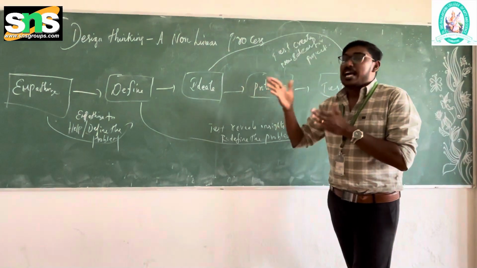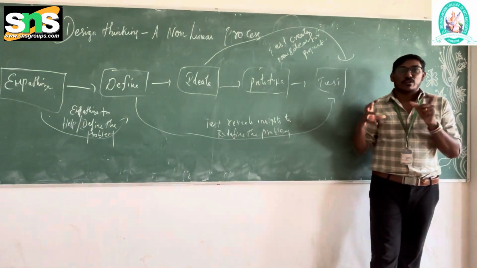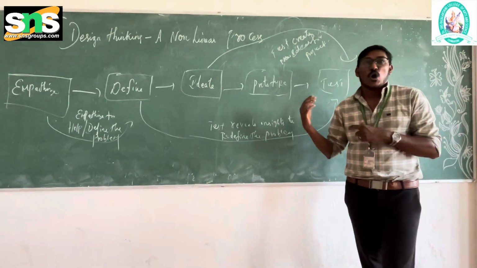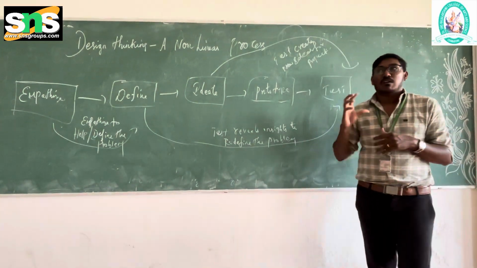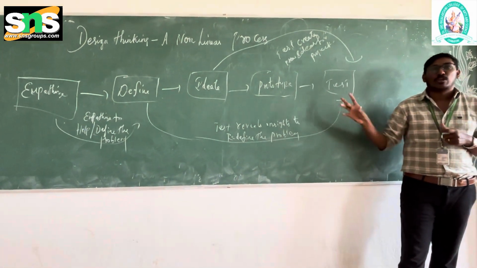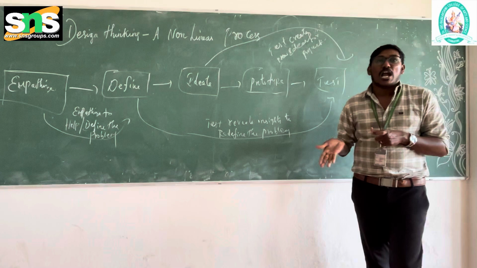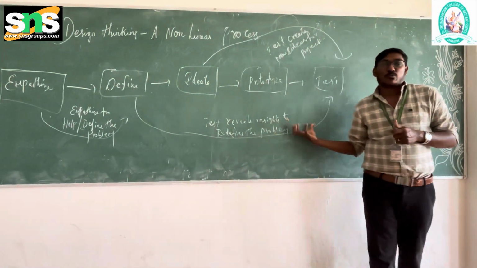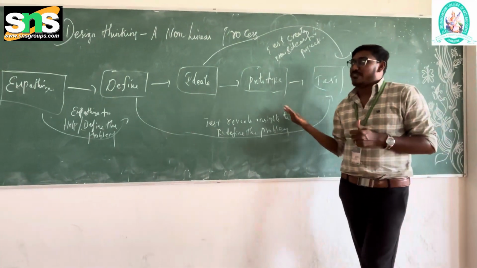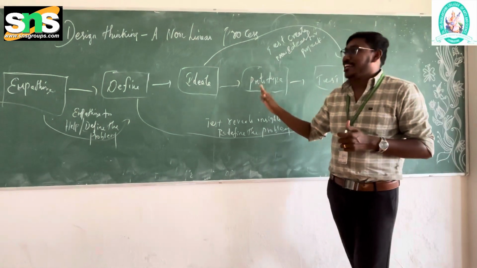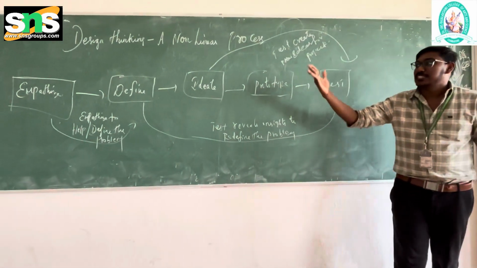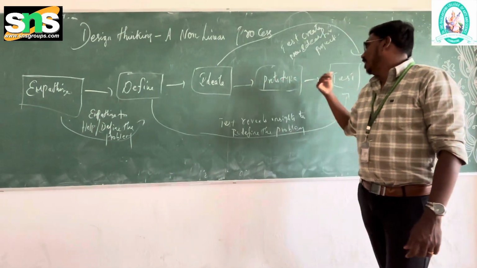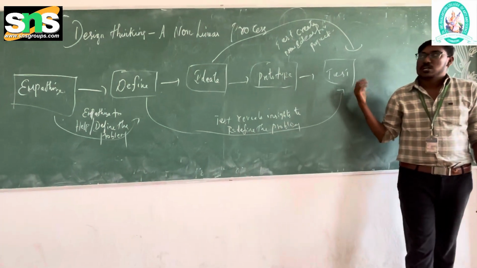For example, if your product creates any failure, you want to redefine the problem: what the failure is in that particular thing. If you want to create a new thing, you want to create a new review for that product. So these are the things of the design thinking framework, mainly the 5 things: empathize, define, ideate, prototype, and then the last one is test.